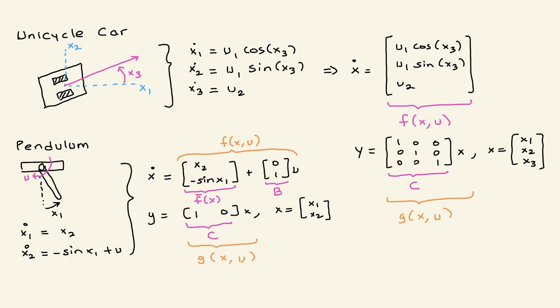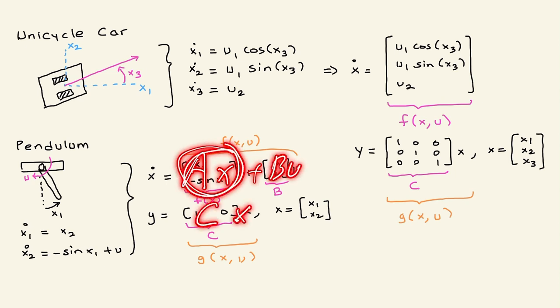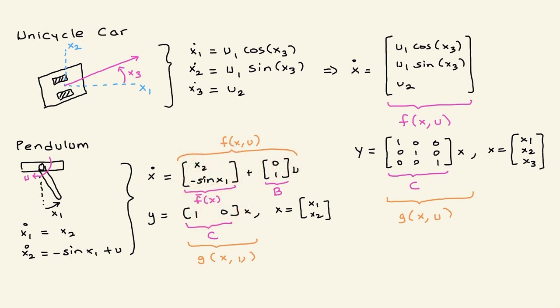And let's say you only measure x1, then your output equation looks like 1 0 multiplied by x. So this is linear looking, this is linear looking, but at the end of the day you have a nonlinearity. You cannot write the system purely like Ax plus Bu, Cx type of form, because of the sine you cannot separate x and the A matrix. Then this system is also a nonlinear time invariant system.